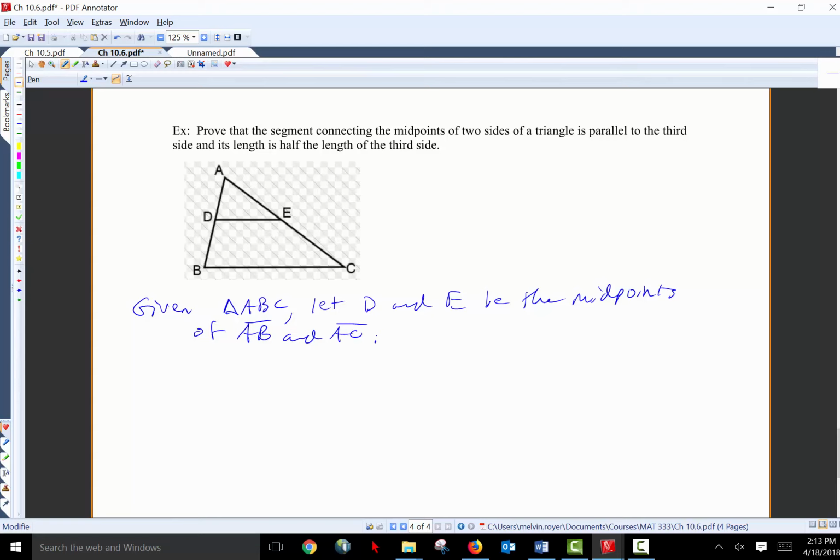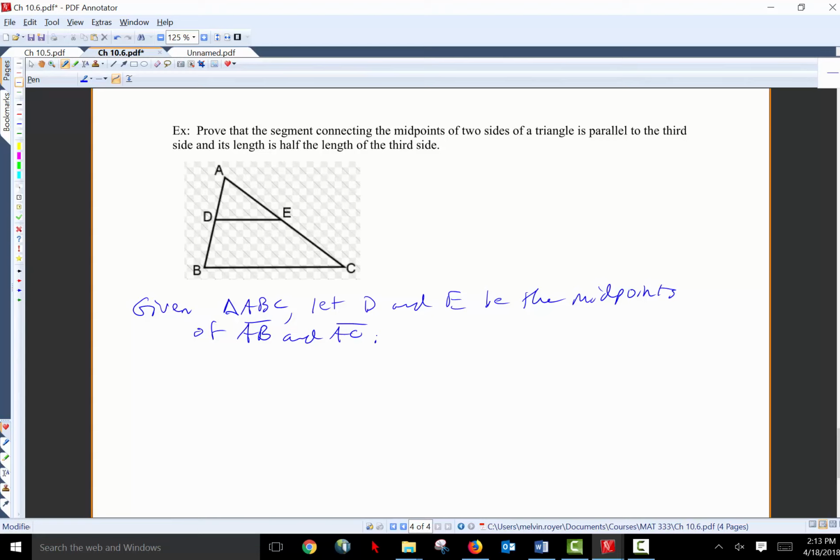Now, this is going to be a transformation-based proof, and we're talking about similarities. So I think I want a similarity that somehow relates two pieces of this picture. And as far as similarities go, I could think about abstract similarities, but the ones we specifically talked about are dilations.